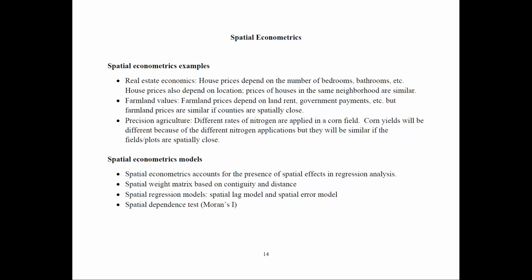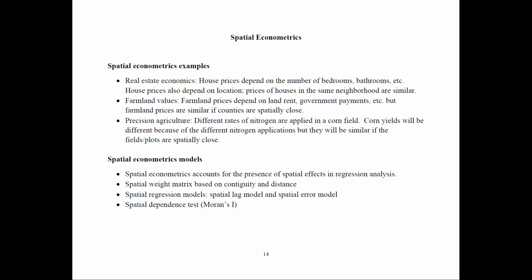So, spatial econometrics accounts for the presence of spatial effects in regression analysis, and we would talk about the spatial weight matrix. So we want to know which of our observations is a neighbor of which, and how they are related.